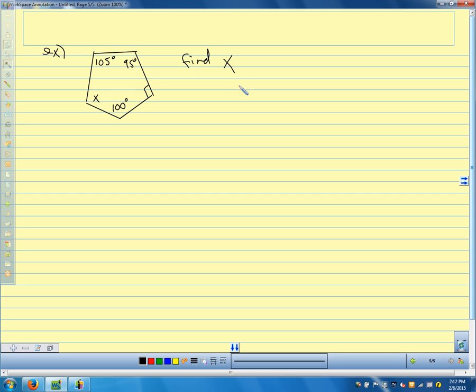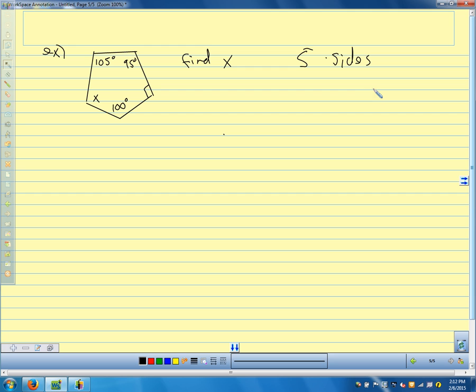And we want to find x. Well, what kind of shape do we have here? Pentagon, right? So can we figure out what all the angles together add up to? Yeah.